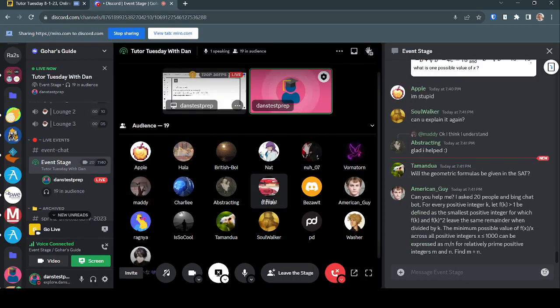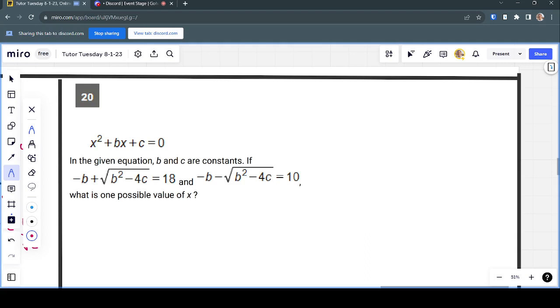That looks like a whole bunch of nonsense, maybe, but to me this actually brings out a special pattern. If you remember the quadratic formula, it's negative b plus or minus the square root of b squared minus 4ac all over 2a. Here we have something similar.